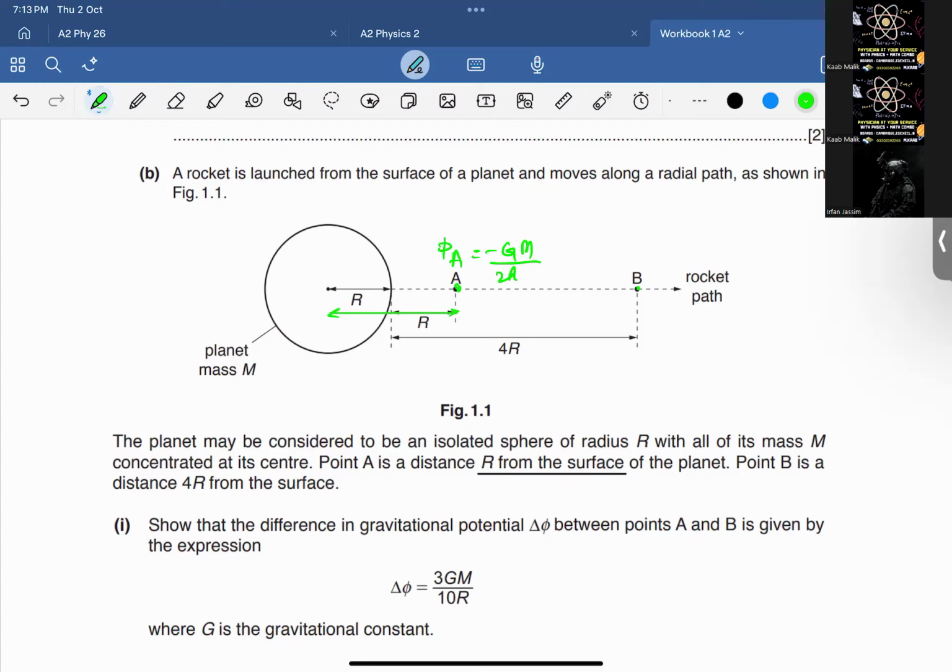So this is the first value. The second solution will be phi B equals G into mass, which remains the same, and you have the distance of 4r from the surface, so it is going to be 5r, right?